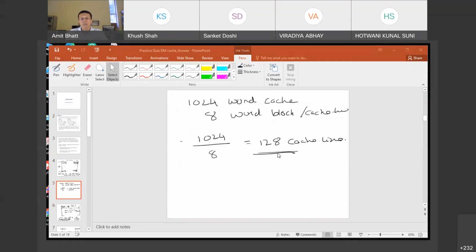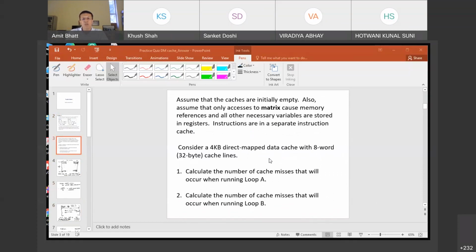Yeah, that one. Okay, so here the thing is very nice for us because we are bringing in a block in the first loop, a block of 8 words. The first one is obviously a miss, but the rest of the 7 words are hits, right? They are used up. So that gives you an idea: what if my block size was double?